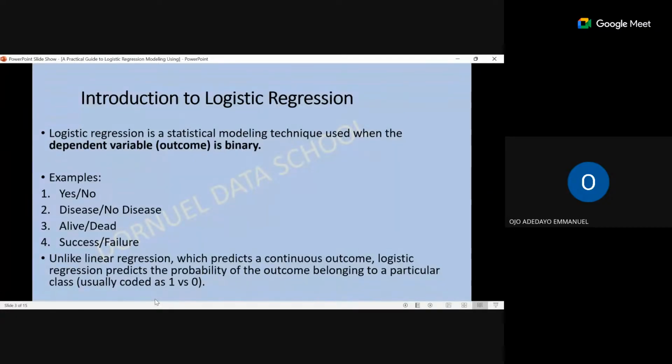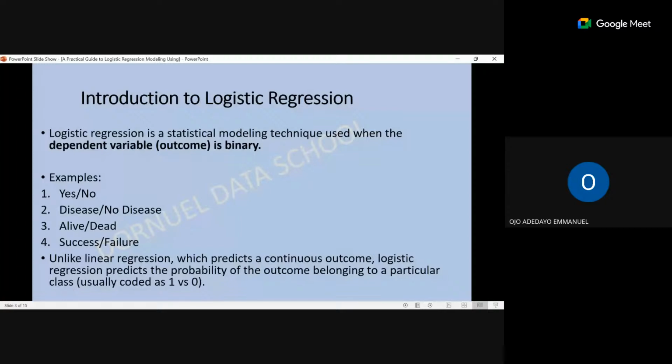Now, let me also say this, that in logistic regression, you are going to code it as 1 and 0. For those people in computer science, anytime you hear 1 it means on, while 0 means off. Please take note of that. So for your system, whether you are using the R programming language or you are using Python as a data scientist, for those systems to understand that you want to use a logistic regression model, your dependent variable has to be coded as 0 and 1.